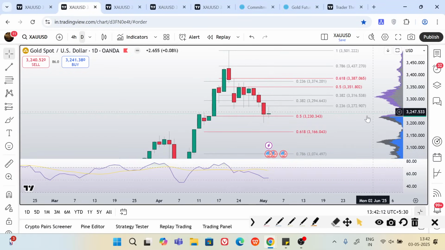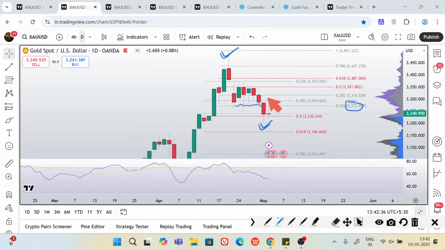So as you can see on daily time frame, if we draw the Fibonacci levels for this high to this low, the first resistance that we have to watch is of course the level around the previous support, which is at 3272.